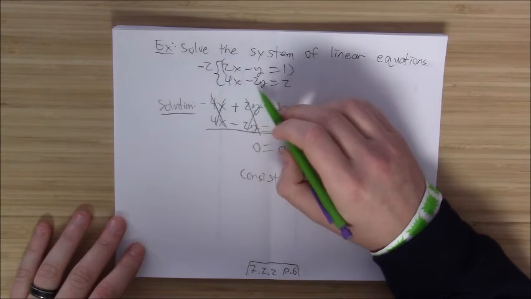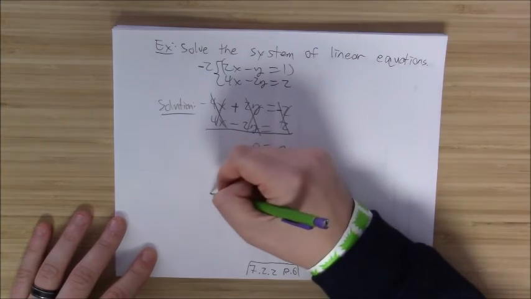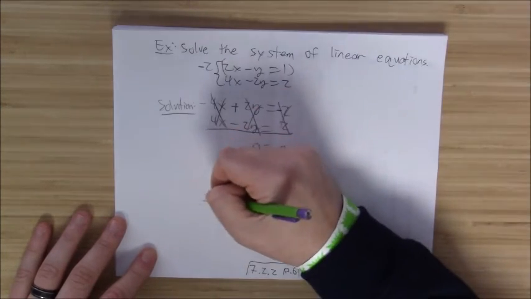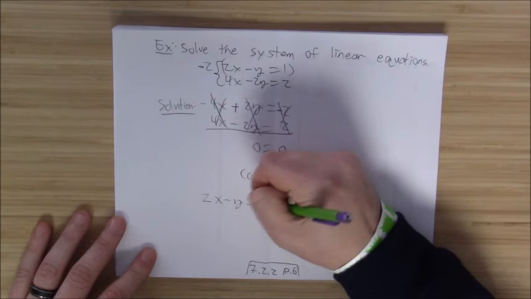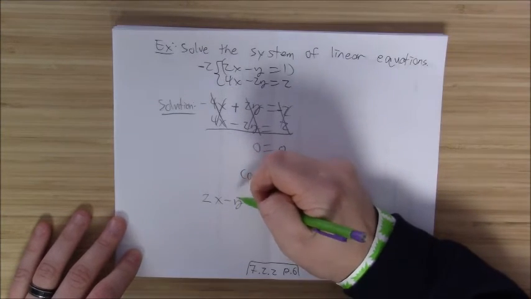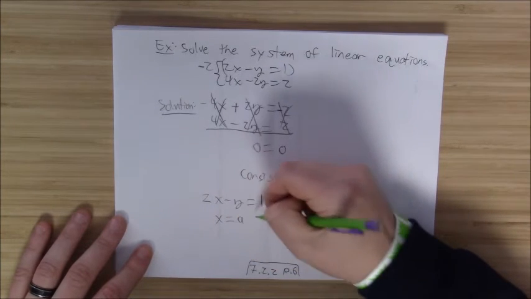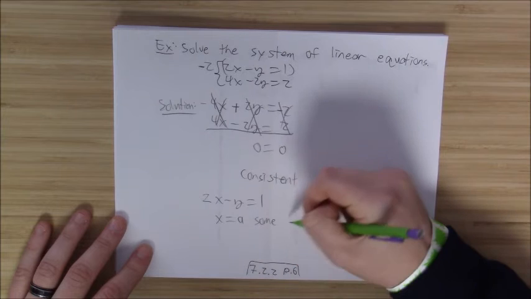So here's what we do in this scenario. Since these are the same equations, we really just have the one equation, 2x minus y equals 1, that we're working with. We're going to go ahead and let x equal a, which is some real number.